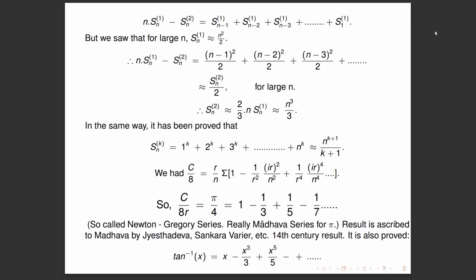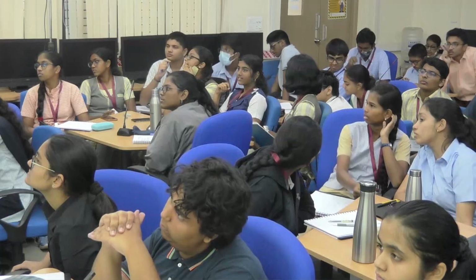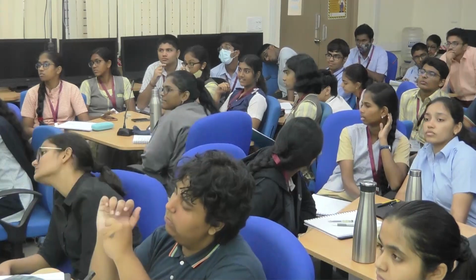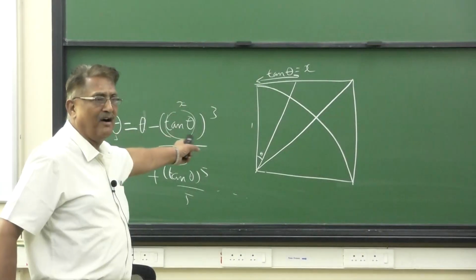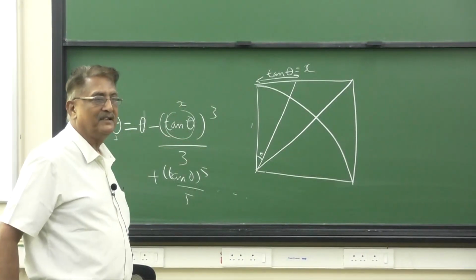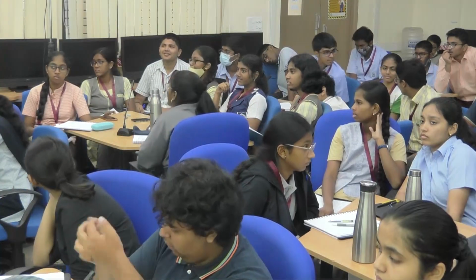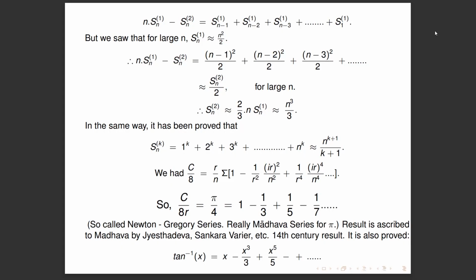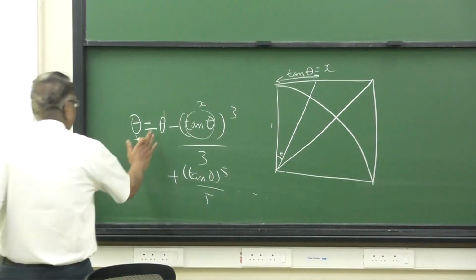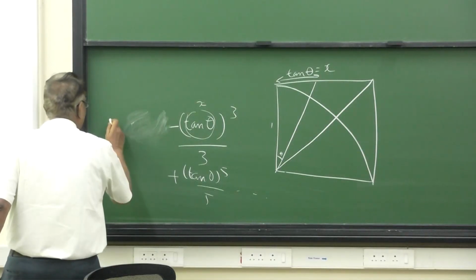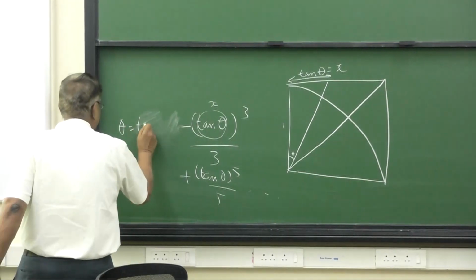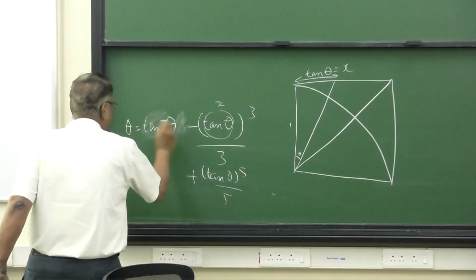R is 1. I have taken it to be 1. Okay, so yes, it is R theta. R factors will come, that's true. So, when R is put equal to 1, you get this, tan inverse x. Yeah, you are right, sorry, of course. Yes, thank you.